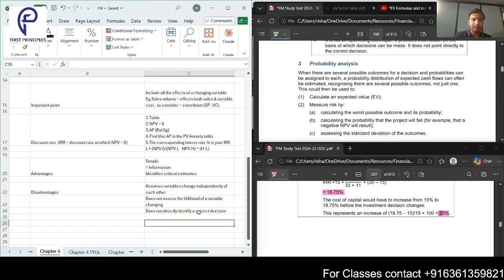It does not assess the likelihood. They're saying if it changes by this much, we are still okay with it, but it does not say what is the chance of it changing. If they say even if the rain comes till 75 millimeters, we are still okay, no problem. But what is the probability will it rain? That it does not assess. It assumes that variables change independently of each other, that only one variable is changing at a time.